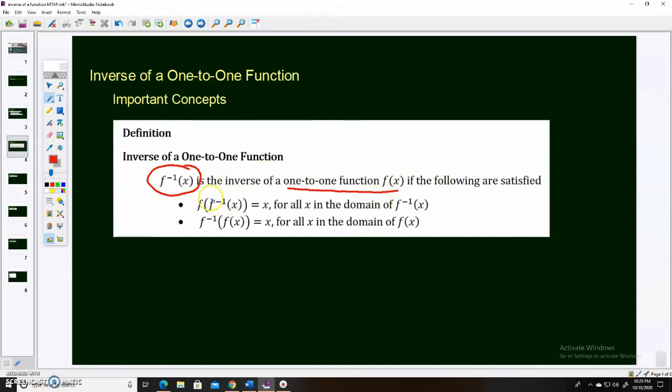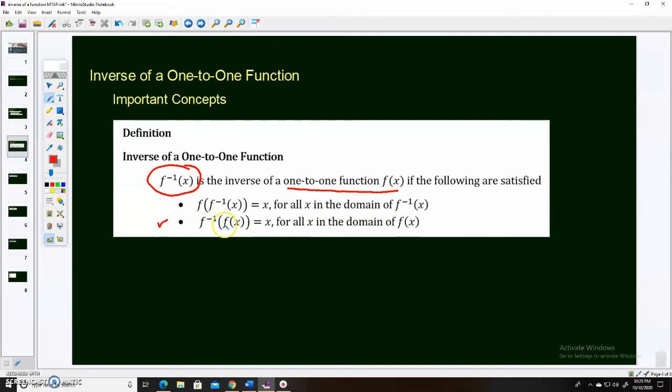The composition: f of f inverse of x is x for all x in the domain of the inverse, and f inverse of f of x is equal to x for all x in the domain of f of x. These two must both be satisfied.